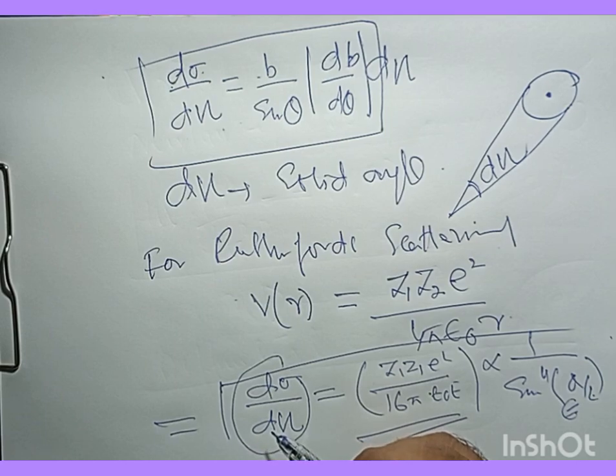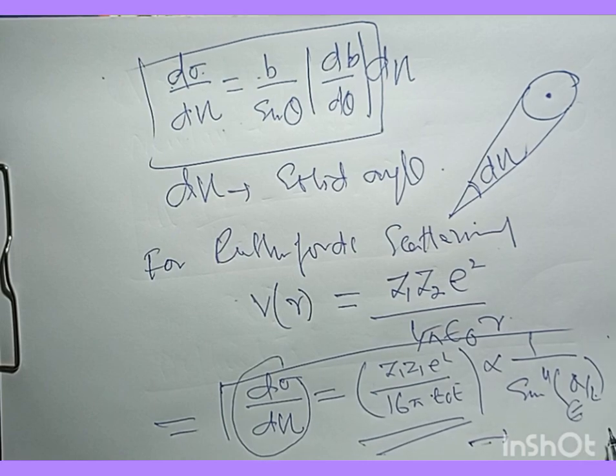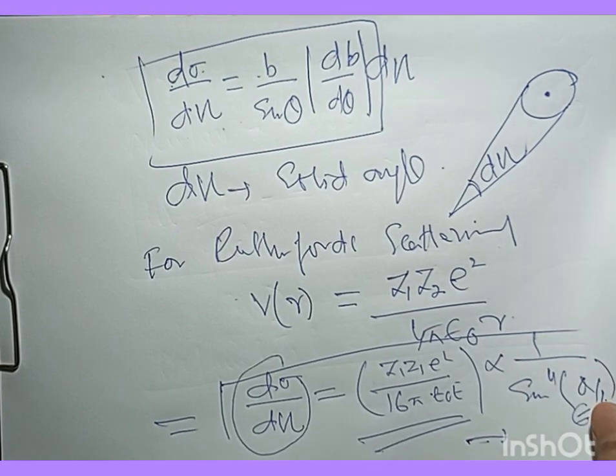So the point is clear that this formula is showing us that most of the scatterings occur at small angles.